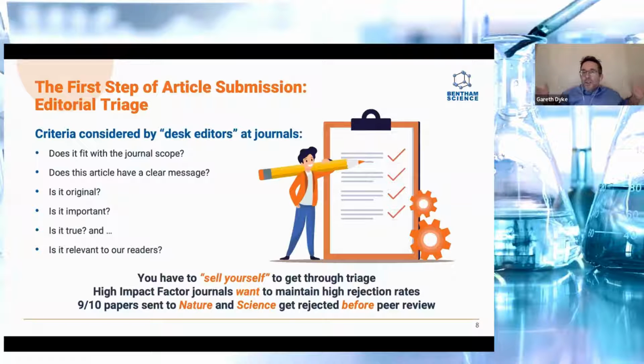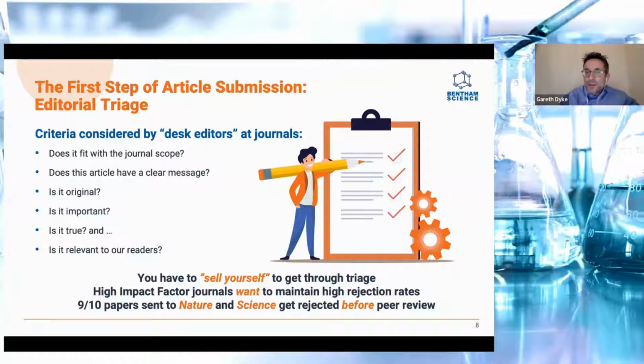And of course, that's critical to keep in mind when you send your articles into those international academic journals, because editors, people like me working at journals, sit and look at incoming submissions and think, does it fit with the journal scope? Does the article have a clear message? What we're going to talk about in this presentation this afternoon is making sure that you do have a clear message with your article, with the way that it's written.